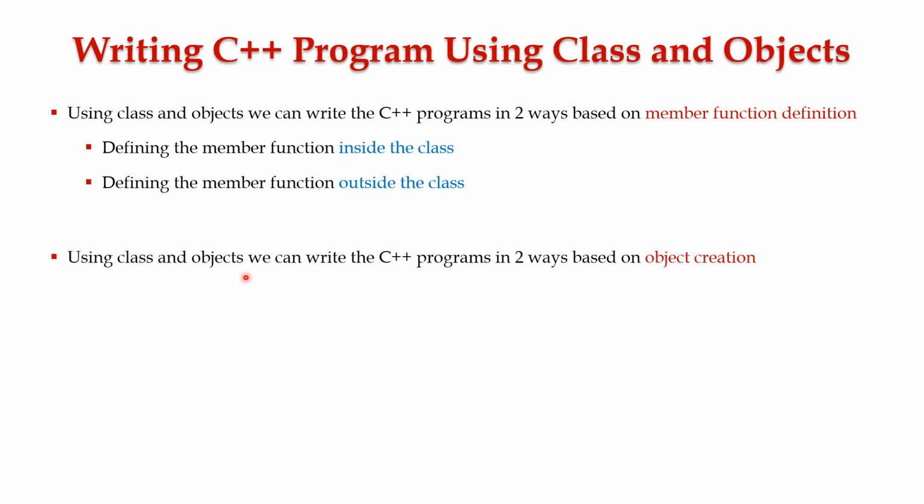We can also write it in two ways based on object creation. The object can be either created at the end of the class, which is optional, or else it can be created in the main function directly. Finally, we can conclude that we can choose any way to write the C++ program using class and object. That is up to the convenience of the user.